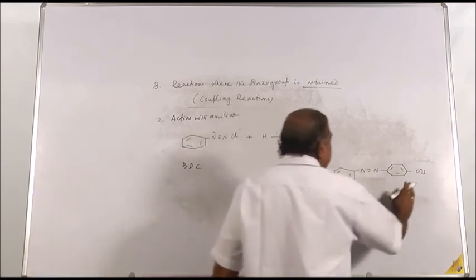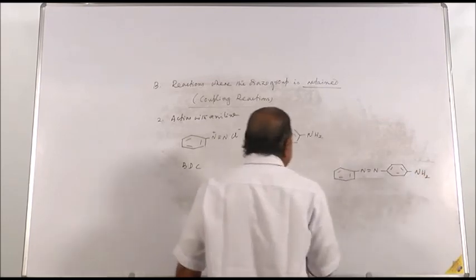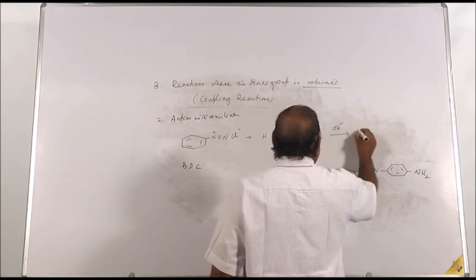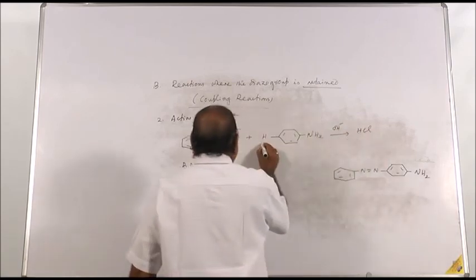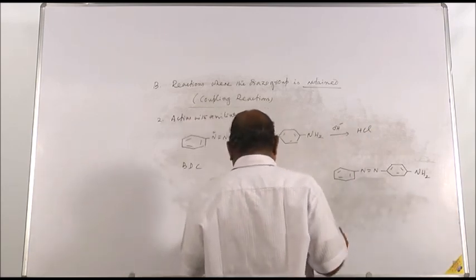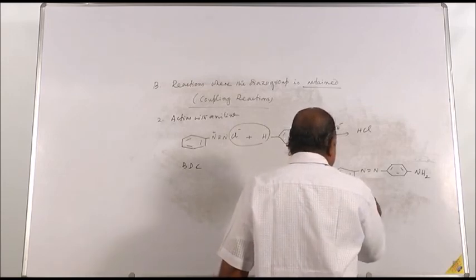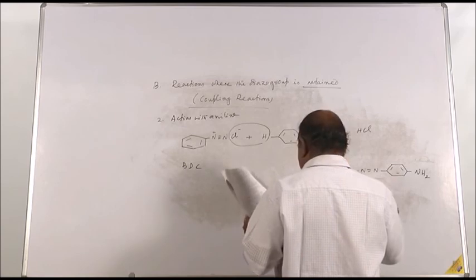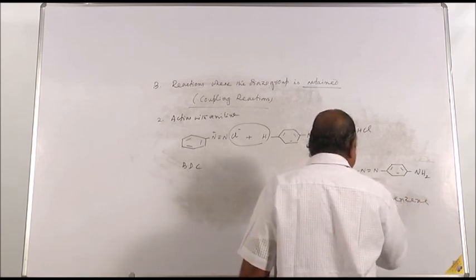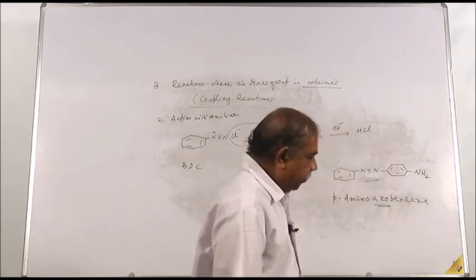You will get para-amino azobenzene. Here, in presence of alkali, the HCl produced will be neutralized, and you are getting para-amino azobenzene. The same azo group is here, nitrogen-nitrogen linkage is written.